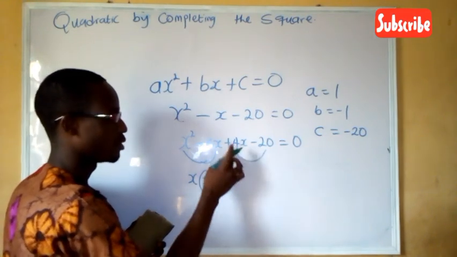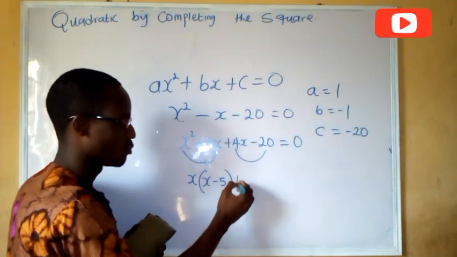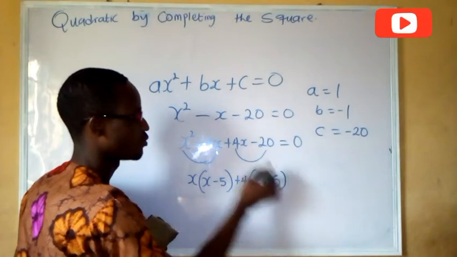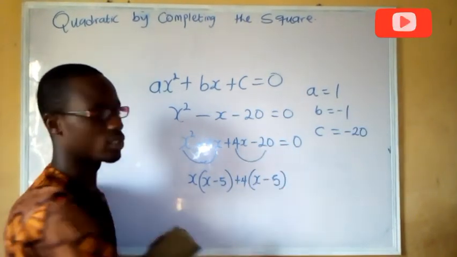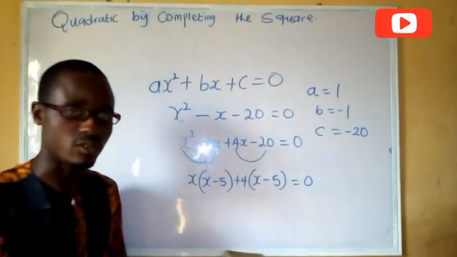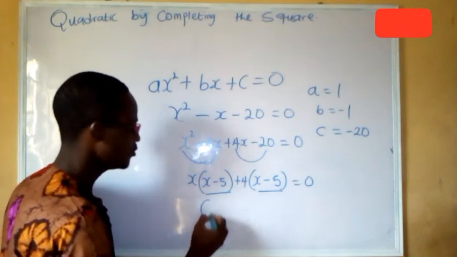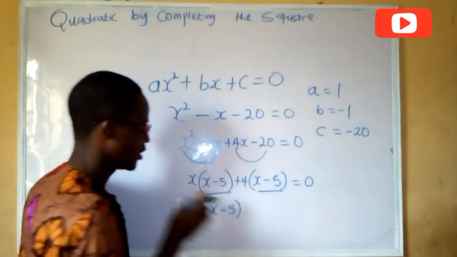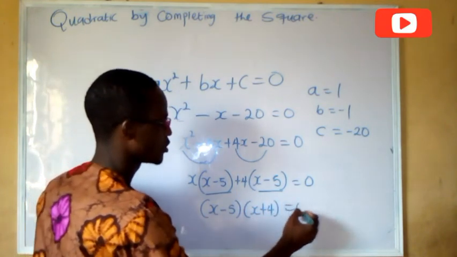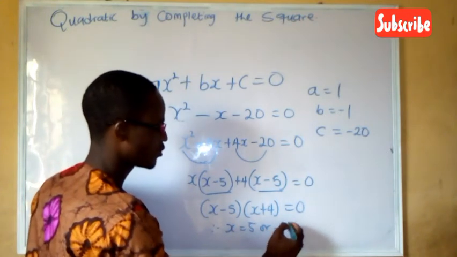Then, let's factorize this also, 4 goes here, 4 goes here, so I have plus 4 into x minus 5, because 4 goes into minus 20 as minus 5, all equals to 0. After having this factorization, I have this and this which are the same, so I pick one, x minus 5, then join this and this together, x plus 4, all equals to 0. Therefore x equals 5 or minus 4.